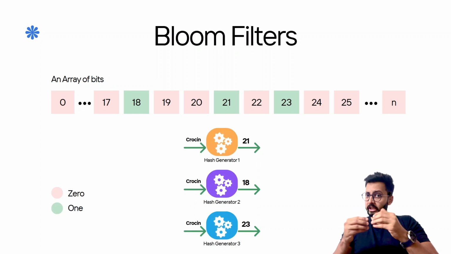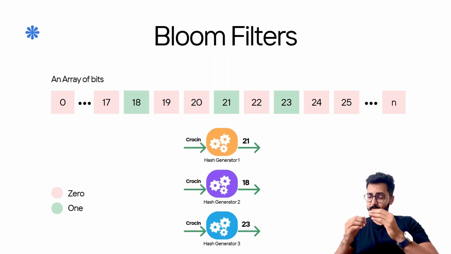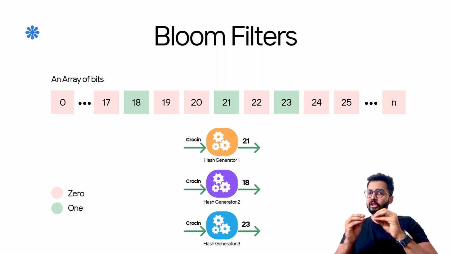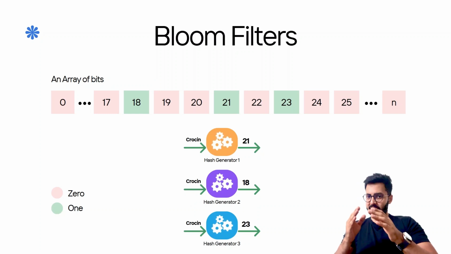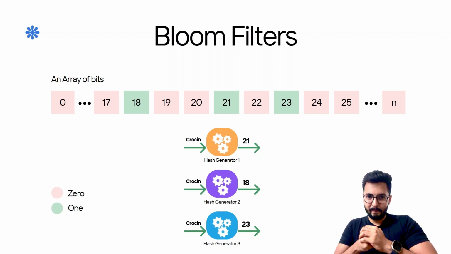And now on searching Crocin, all these three hash values generated from their respective generators will be checked in the array, and when all three are on, they can say the data is available. Else if one out of these three was off, we can say data is definitely not available.